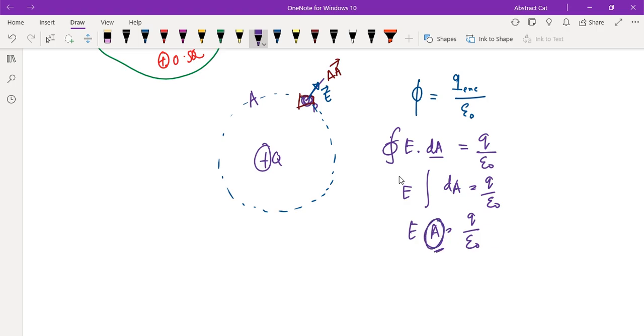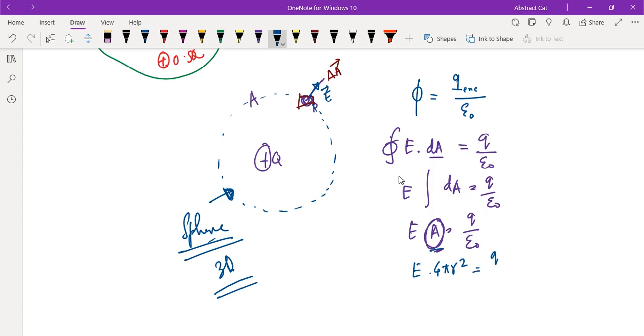What is A? A is the surface area. The enclosing surface is like a sphere, a 3D object, and the surface area of a sphere is 4 pi r squared. So E times 4 pi r squared equals q enclosed by that Gaussian surface over epsilon naught.